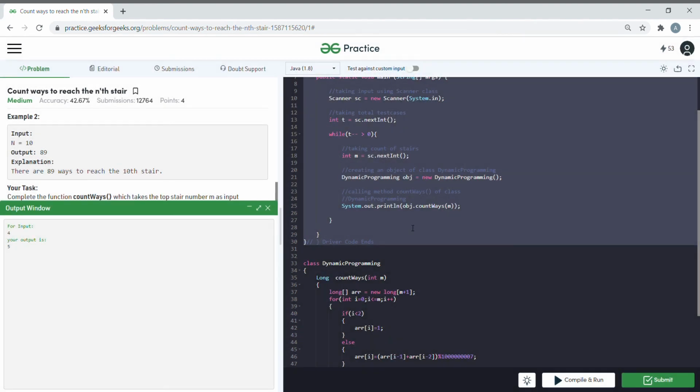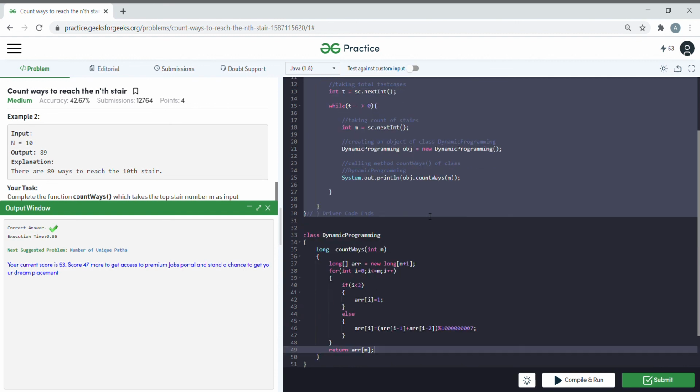It doesn't work in the editor, okay, let's submit it. Let's check if it works. Oh wow, we've got it, and the execution time is 0.86.